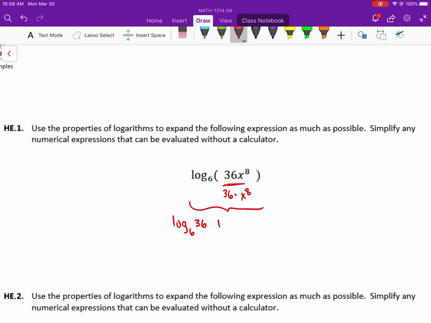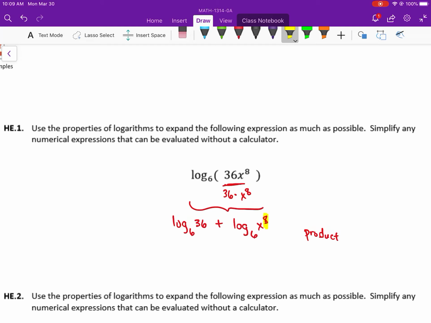We're going to expand this out to say log base 6 of 36 plus log base 6 of x to the 8th power. Right there I just used the product property to separate that multiplication, to separate that 36 times x to the 8th, and put addition right in between.